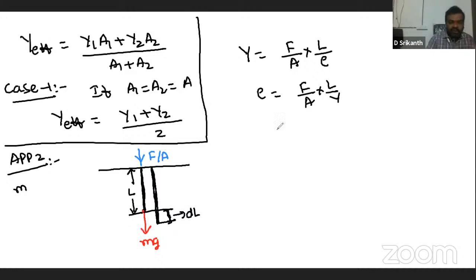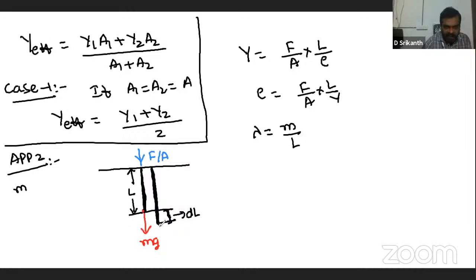Before finding it, at every point of the entire wire the density will be the same, so I will consider the linear density, that is, per unit length. For the string of length L, the mass is M. That's why we wrote it as mg.